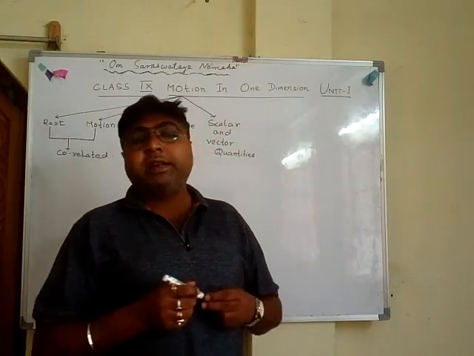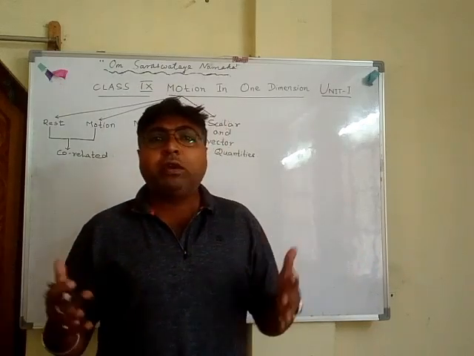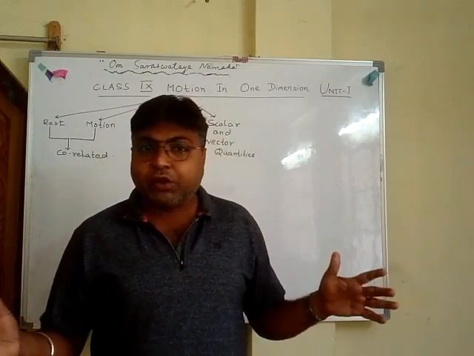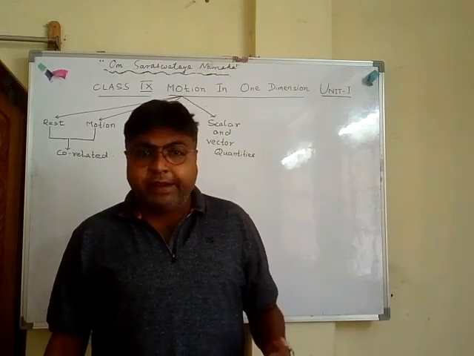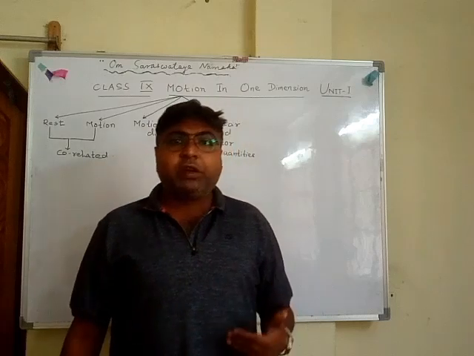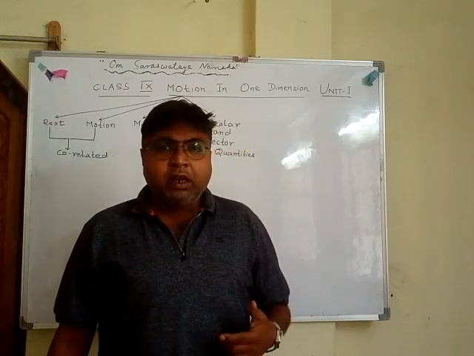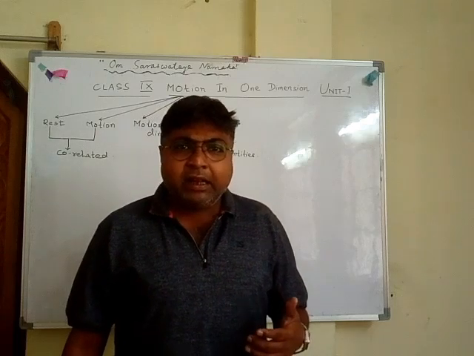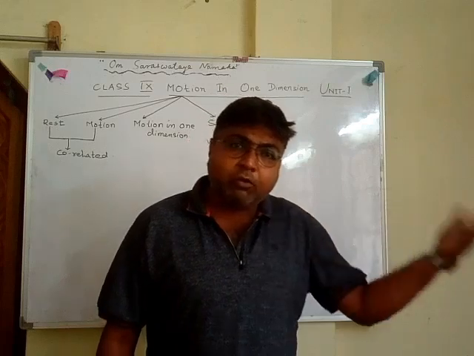Scalar quantities are those physical quantities which have only magnitude and no direction. For example, mass. When you go to the vegetable vendor and ask for 5 kg potatoes or onions, you don't say give me 5 kg north potatoes or 5 kg south onions.